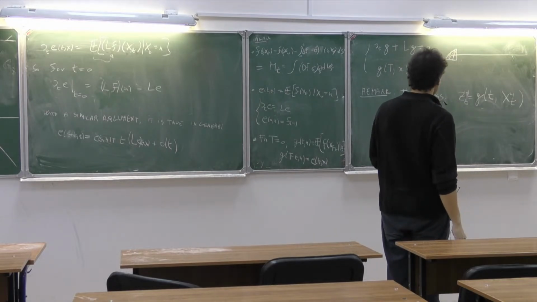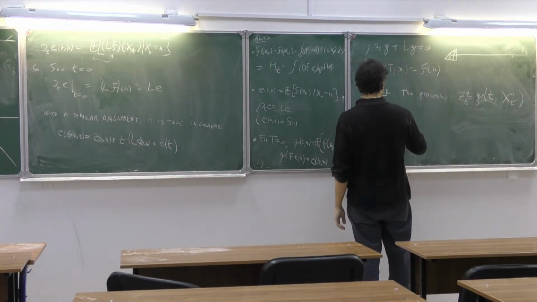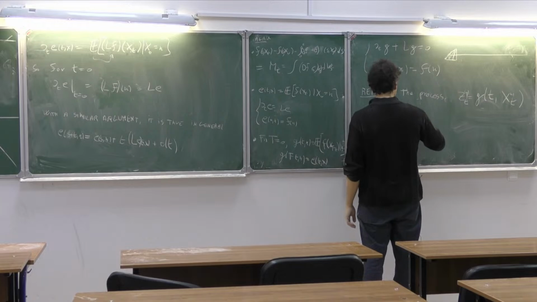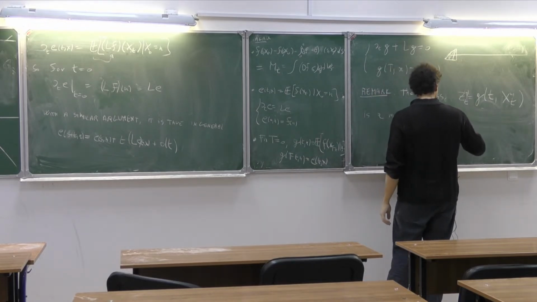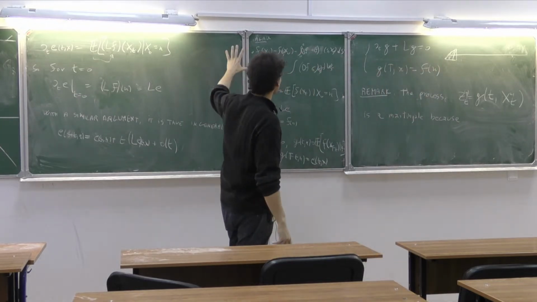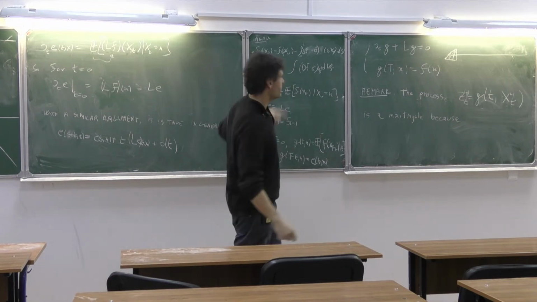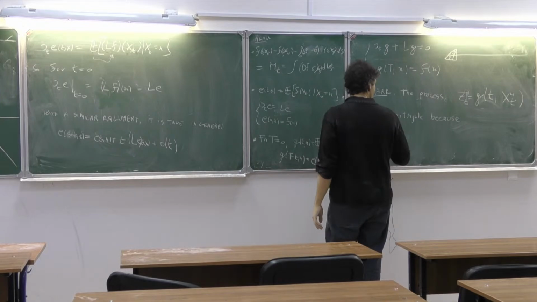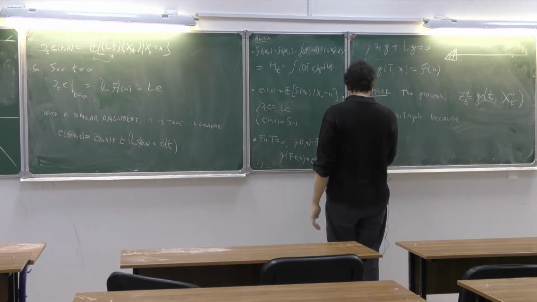So the process is this. It is a martingale. Because this was a martingale, whoever was f of t and xt. So if I do g of t and xt, so zt.